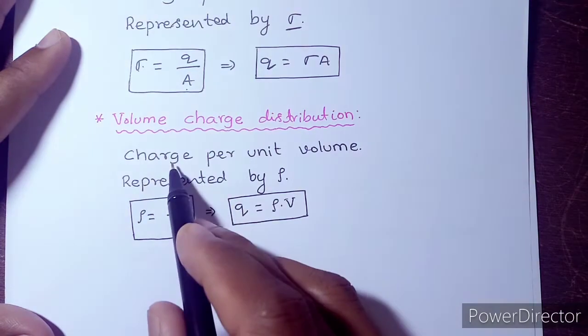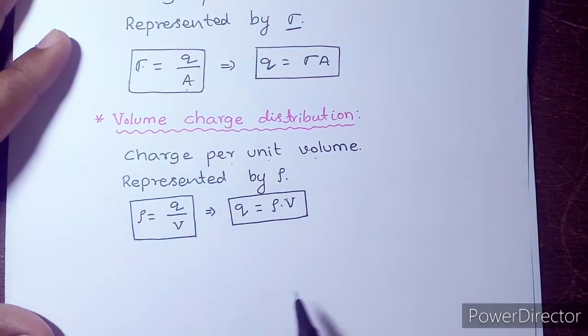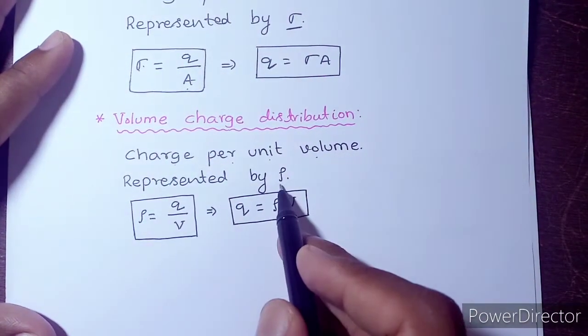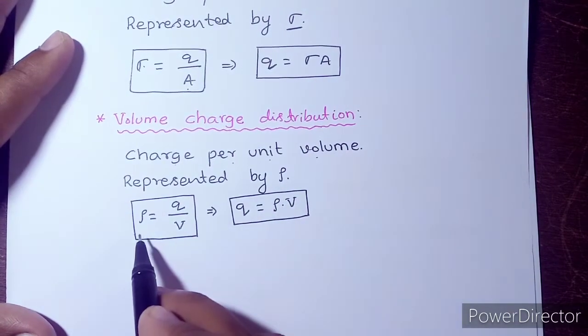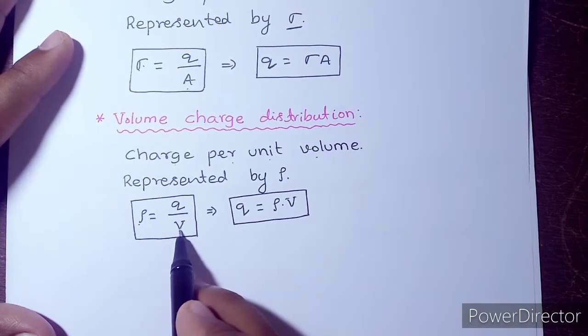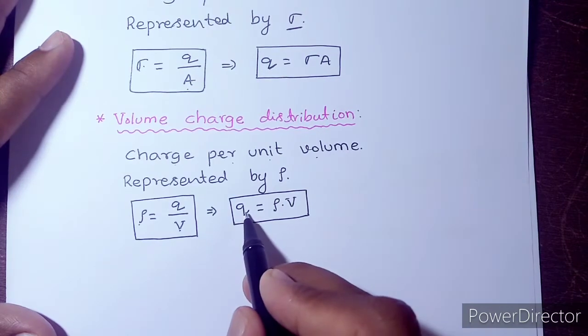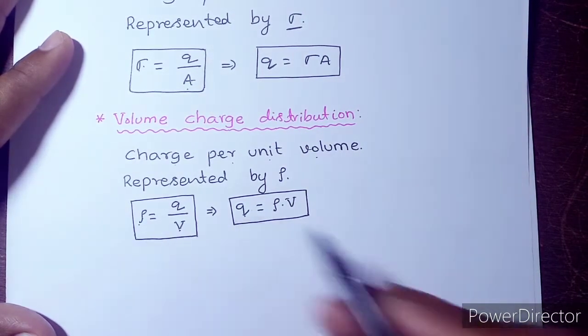So it is defined as charge per unit volume. It is represented by rho, and that's why rho is equal to charge per volume. From that we can get charge present in that volume is equal to rho into V.